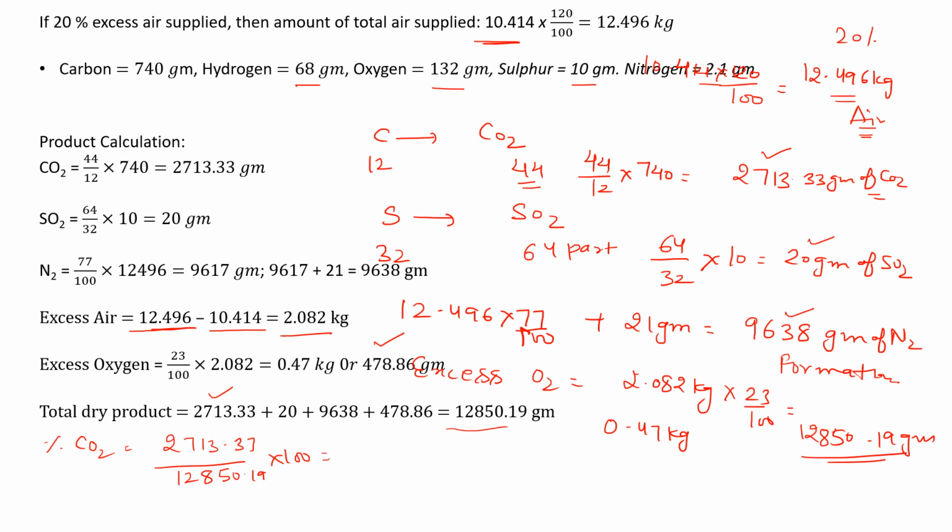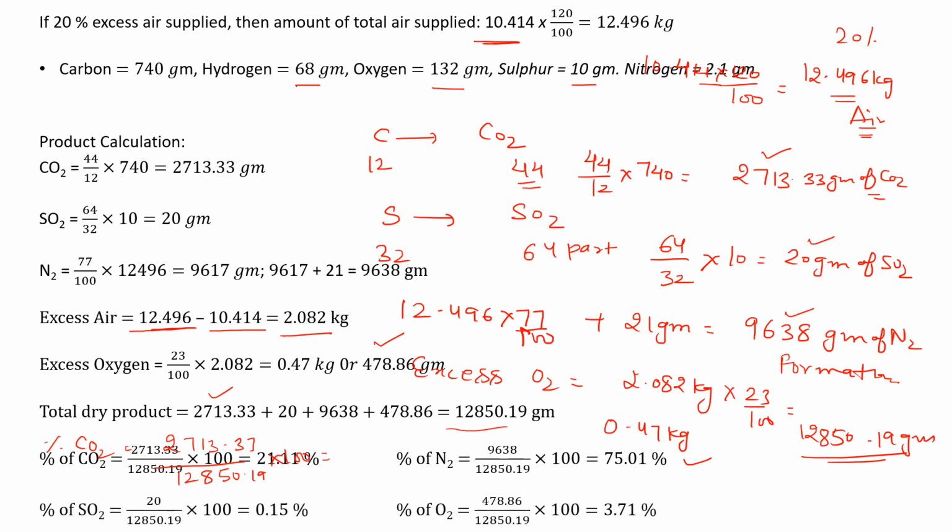So the percentage of carbon dioxide is 21.11. Percentage of nitrogen is 75. Percentage of sulfur dioxide is 0.15, and percentage of oxygen is 478.86 divided by total dry product into 100, so 3.71.